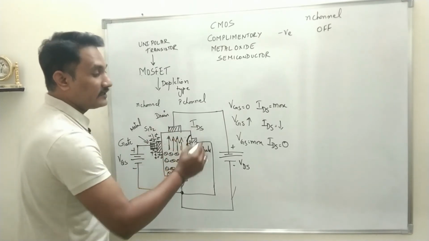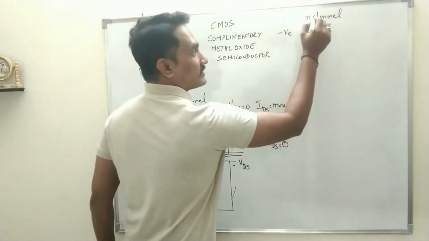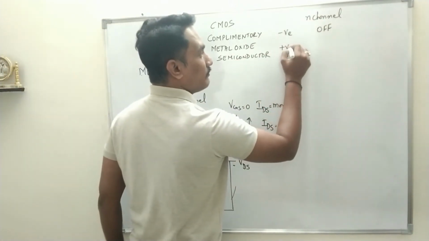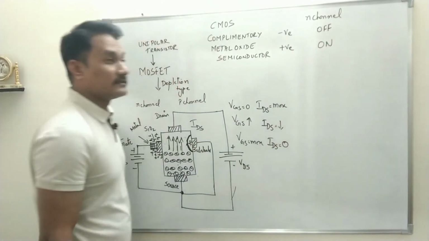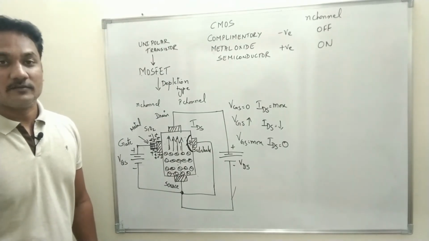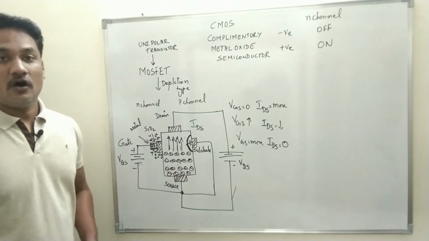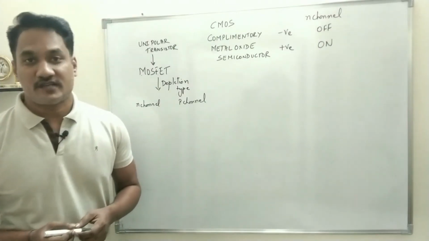That means current increases, IDS will increase. That means for the same N channel, if you apply positive terminal, then heavy current will flow through the transistor, and the transistor will be said to be working in on state.